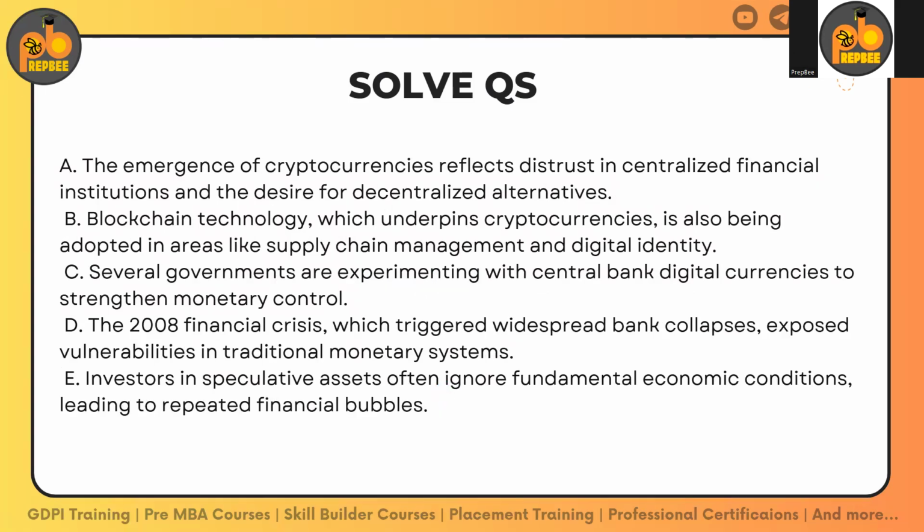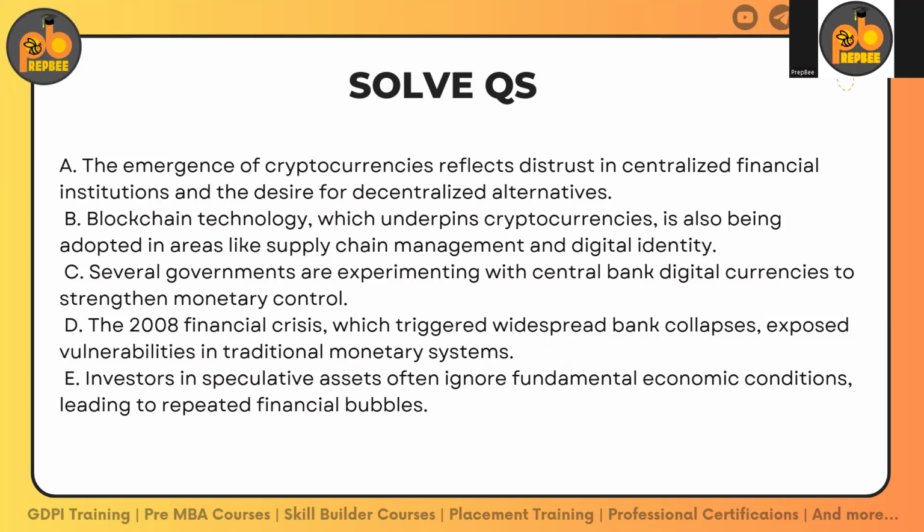Next: the emergence of cryptocurrencies reflects distrust in centralized financial institutions and the desire for decentralized alternatives. We are talking about the emergence of cryptocurrencies, what they reflect, and what they desire: decentralized alternatives. Blockchain technology, which underpins cryptocurrency, is also being adopted in areas like supply chain management and digital identity.